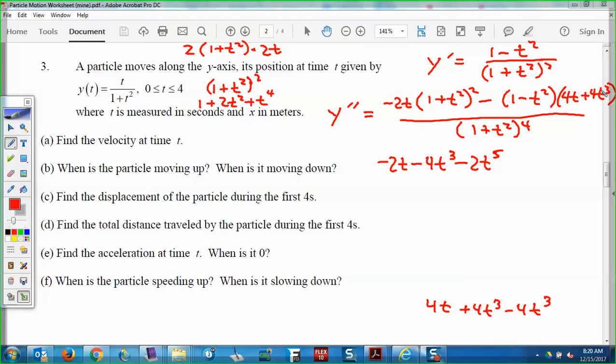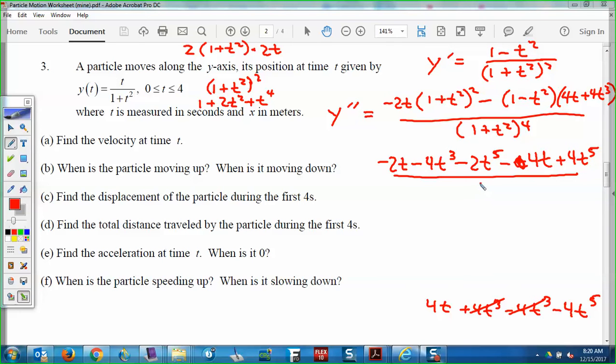And last times last would be negative 4t to the fifth. Okay, now those are going to cancel right there. And then I've got this minus here that's got to distribute all that. So that's going to be a minus 4t, minus 4t, and that's going to be a plus 4t to the fifth. Okay, that's all the top.